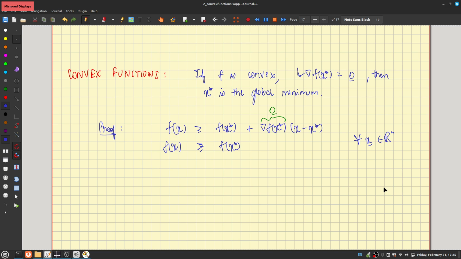We'll start with designing algorithms that minimize convex functions on R, and then we'll use that to design algorithms to minimize convex functions over Rn. For Rn, these will look similar to gradient descent that you've already implemented in assignment 1.